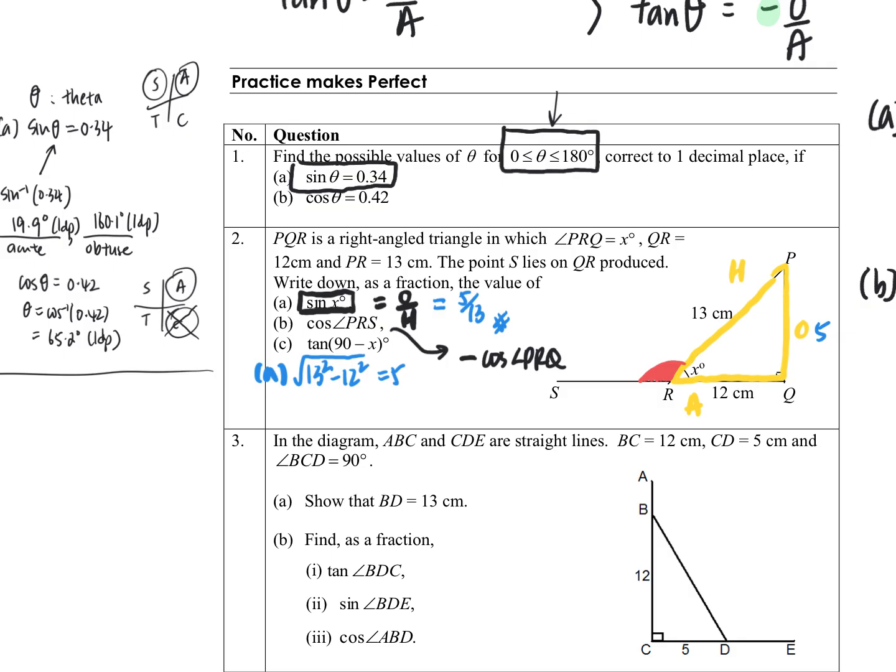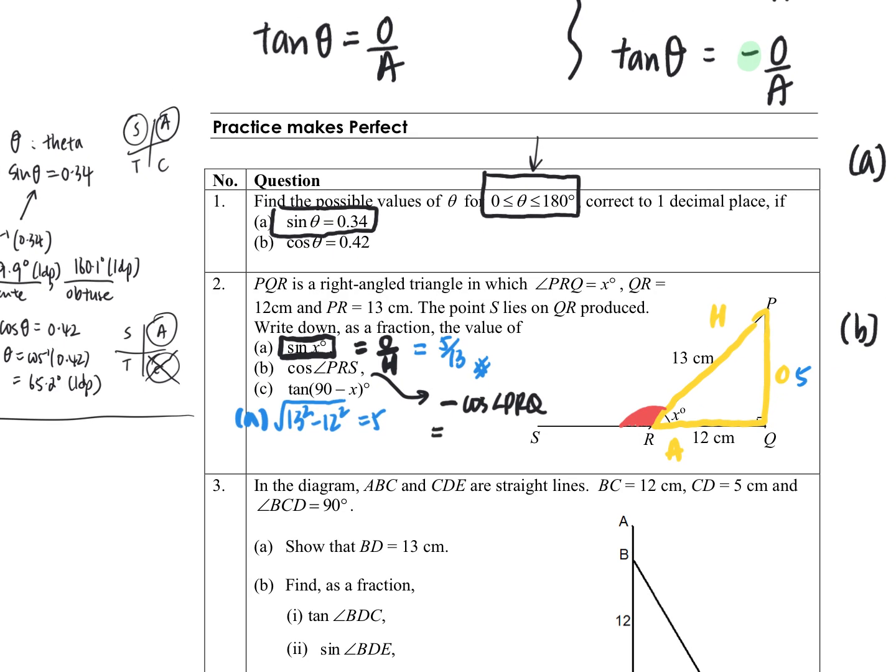Same thing, when I'm finding cosine of PRS, it is negative of the cosine of PRQ, the one next door, but you add a negative sign. To find the answer, it's just A over H, so it's 12 over 13 with the negative sign in front. That's the only tweak that you need to be comfortable with. Yes.